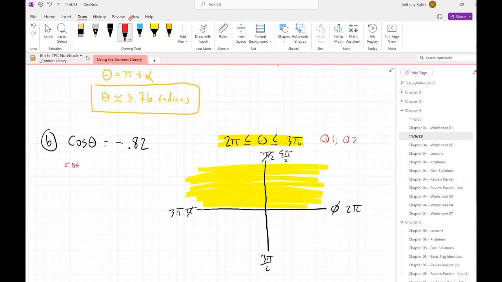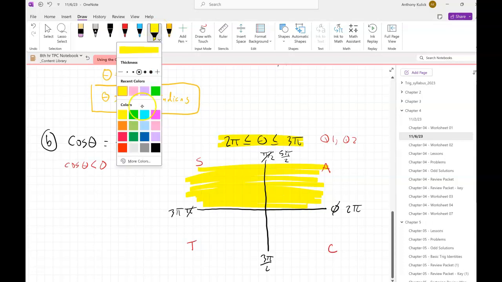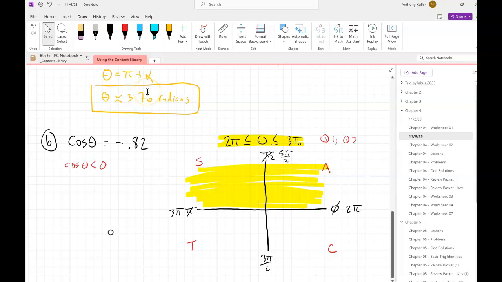Now I observe the problem is negative, so I'm interested in where cosine is negative. I see that cosine is positive in quadrants 1 and 4. So it must be negative then in quadrants 2 and 3, right?